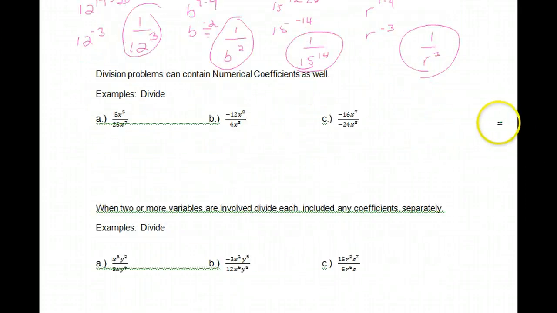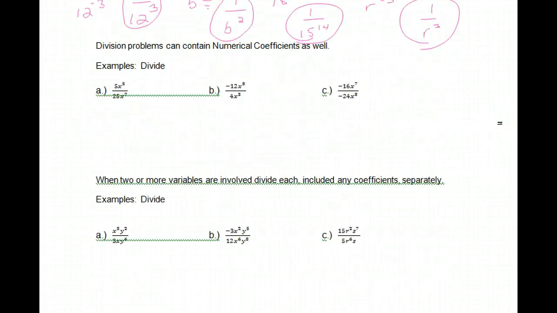Okay, next. Division problems can contain numerical coefficients, just like they did with multiplication. So what you want to do here is start by dividing those coefficients, and then second, divide the exponents.